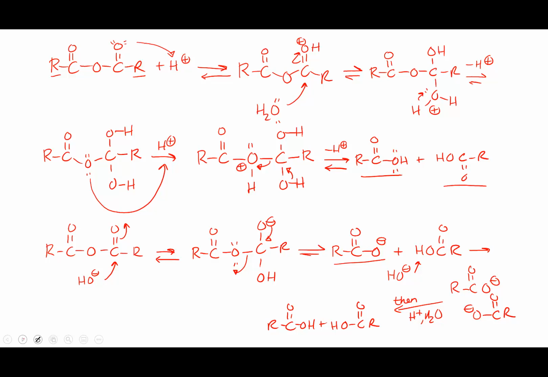Now the next one is an ester, and so if you have an ester, I'm going to write an R prime group there just to indicate that the 2 alkyl groups don't have to be the same. This mechanism is going to be slightly different depending on whether it's acidic or basic.